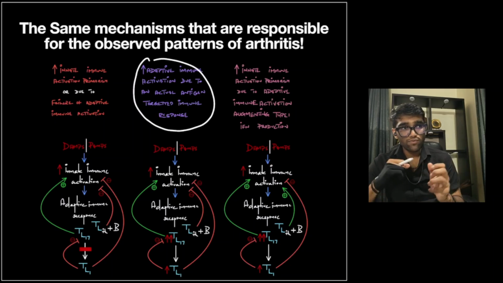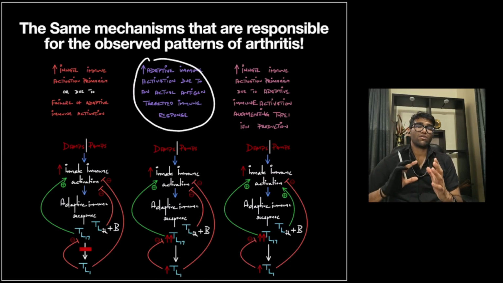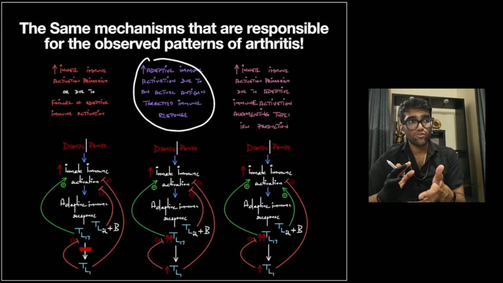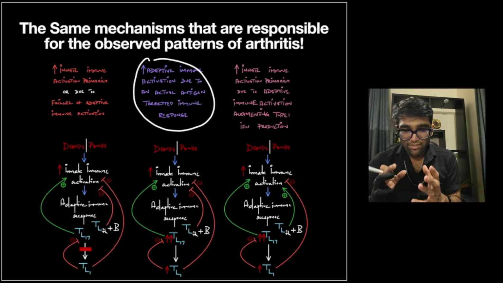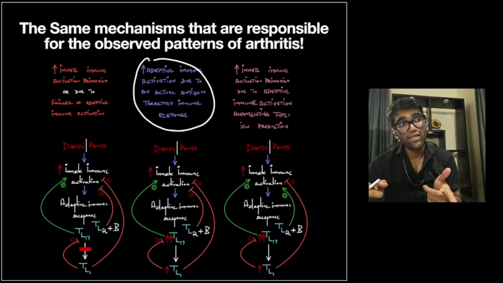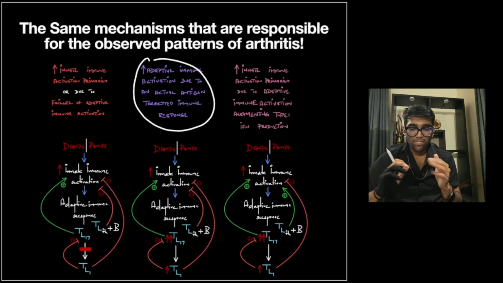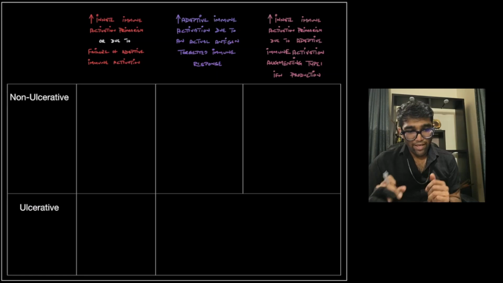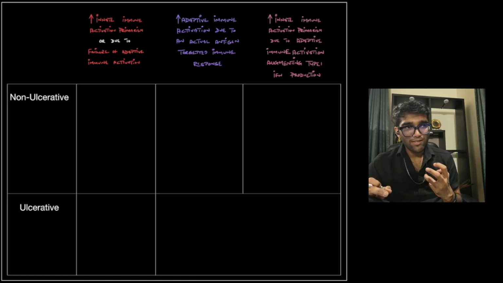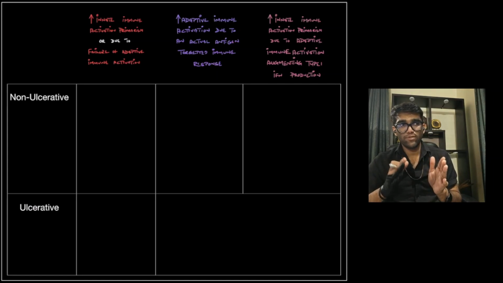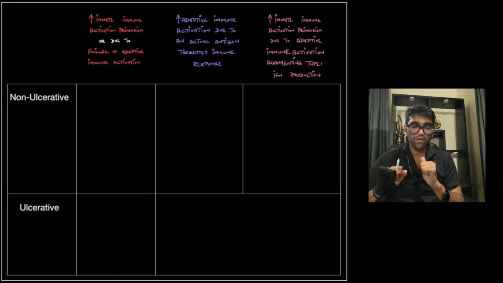The removal of these antibody-antigen-nucleic acid complexes by your dendritic cells, specifically the plasmacytoid dendritic cells, results in the accumulation of these nucleic acids within the endocytic vesicles of said plasmacytoid dendritic cells, and therefore increased type 1 interferon production. Okay, so these were the three mechanisms that we've discussed, and they also map quite well onto the spectrum of cutaneous changes that we might find in this disease.